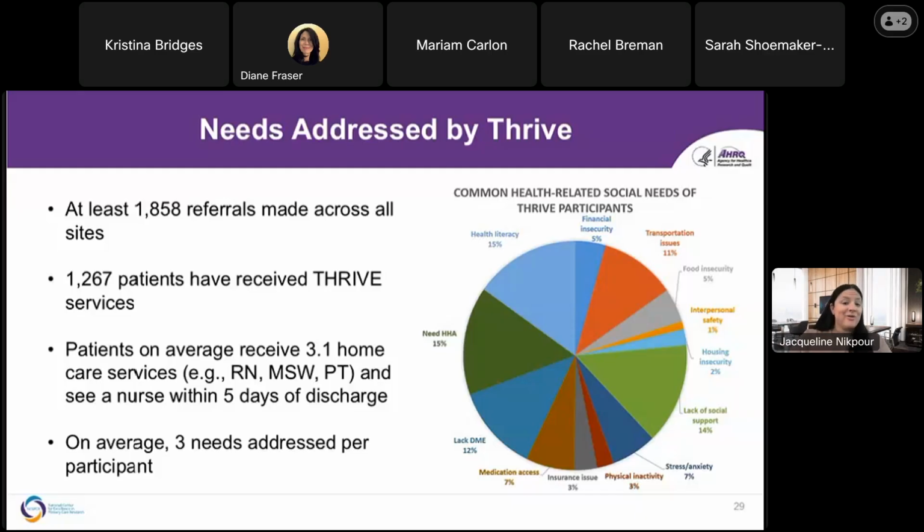And you can see how some of these issues, especially around stress, anxiety, and social support, might be exacerbated amongst those who live with a comorbid serious mental illness, making it all the more important that we adapt our care processes to serve that population. Next slide, please.